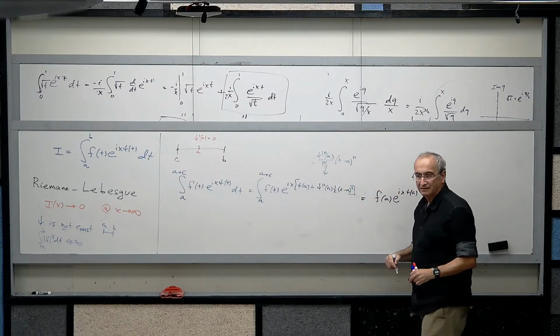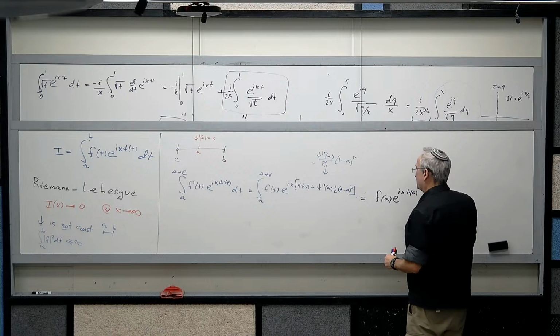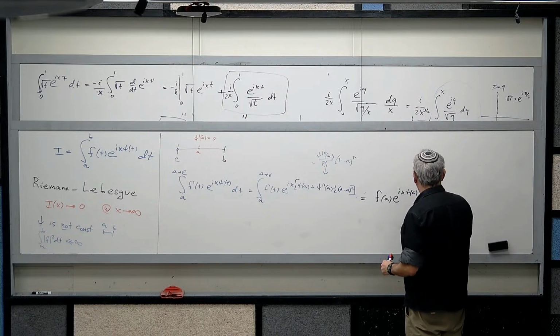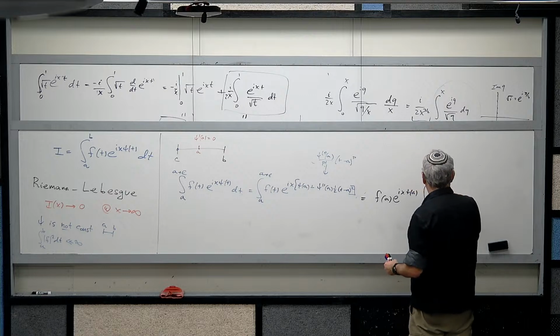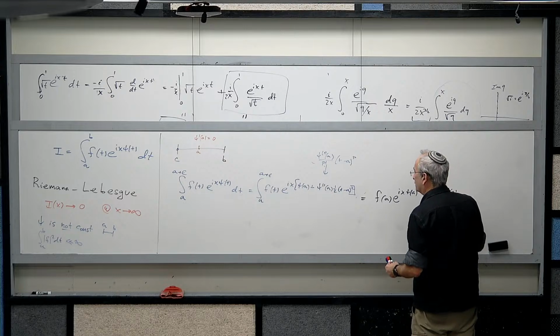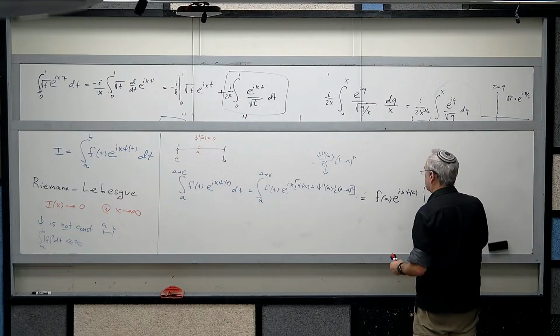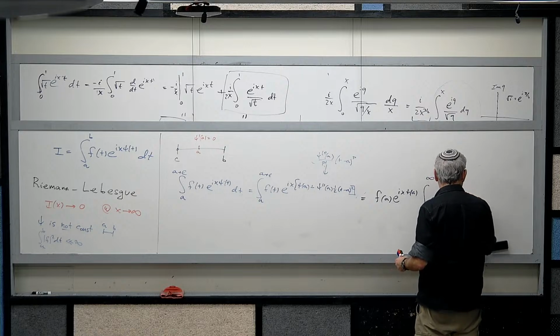And now we have an integral from 0 to infinity of e to the i psi double prime of A divided by 2 times s squared, say, ds.